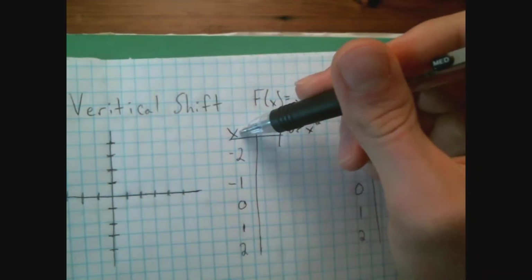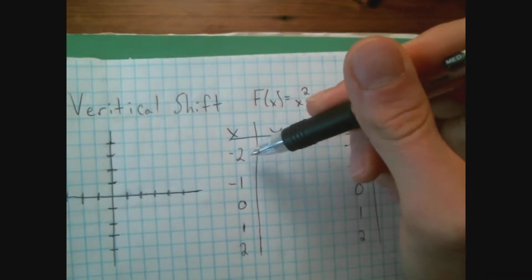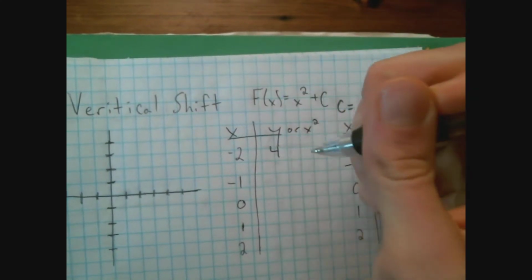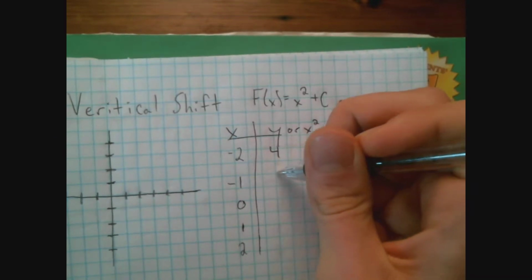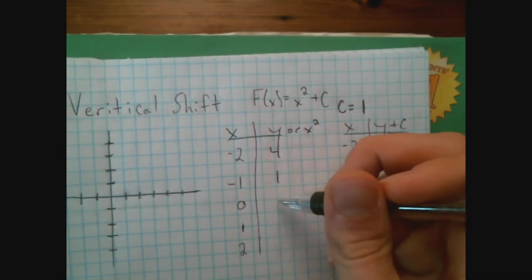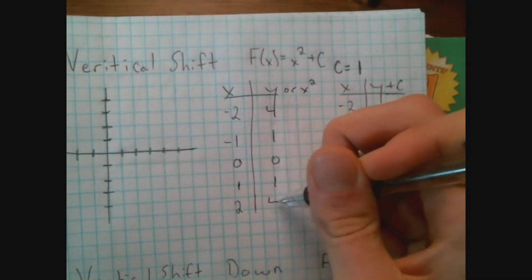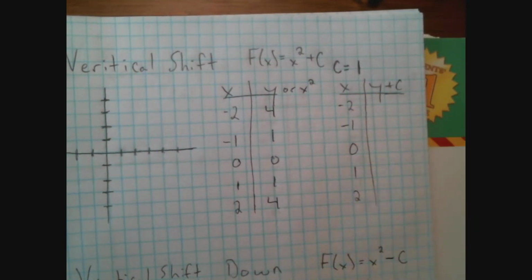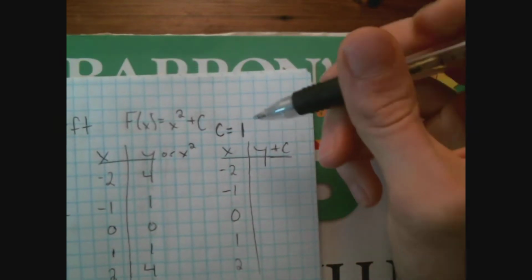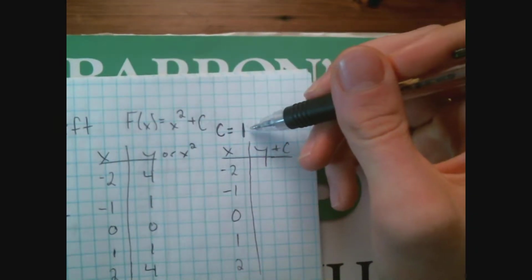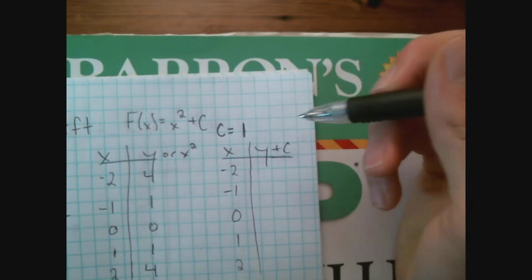So x squared: negative 2 squared is 4, negative 1 squared is 1, 0, 1, 4. Alright? So now we're going to do our shift. And our shift is C. Here I called C, or C is 1.